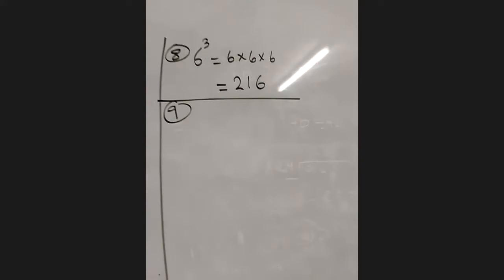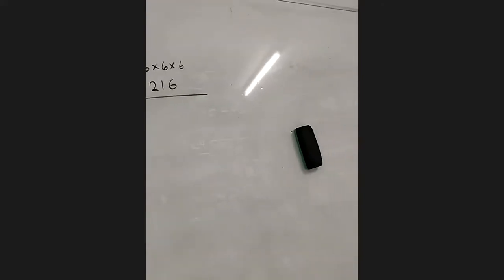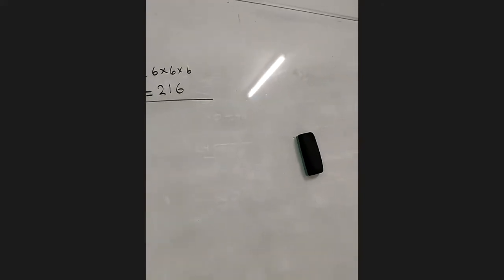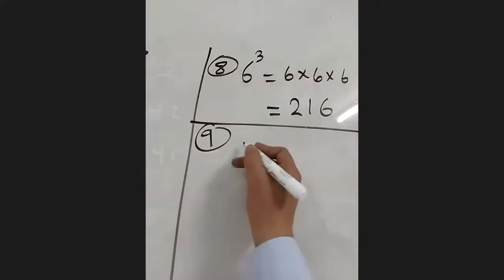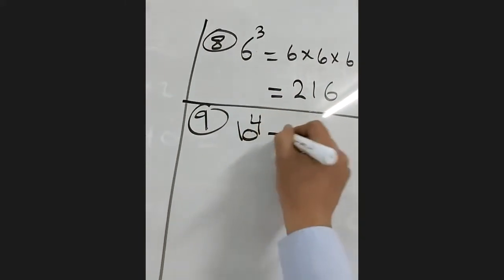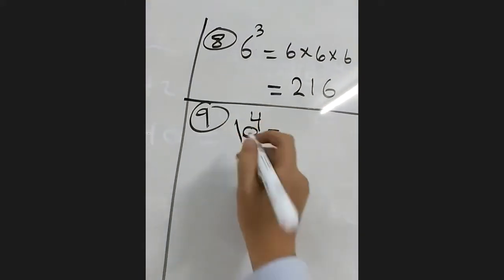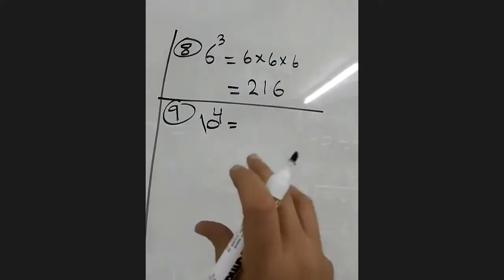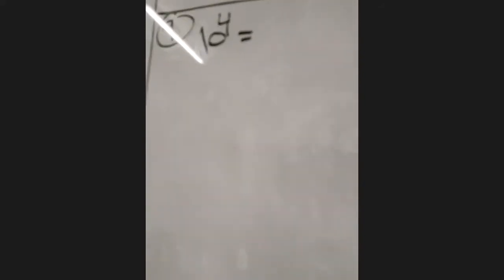This is question 9, sorry, 8. Now, question 9, we have 10 to the power of 4. And for 10 to the power of 4, guys, just leave this question and come with me here. Let's talk about this. This is a special case. We can calculate it without multiplying.